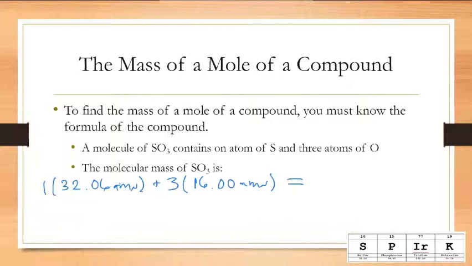And when we add these up, we're going to get 80.06 AMU. Or now we know that we can change AMU, and it is equivalent to 80.06 grams. So this is the mass of 6.022 times 10 to the 23rd molecules of SO3.